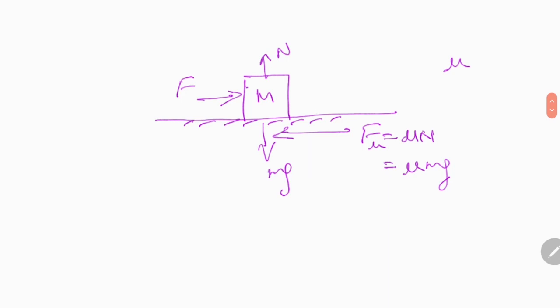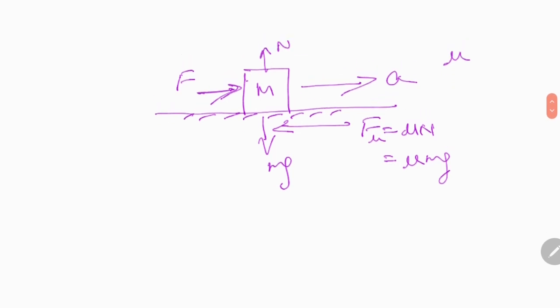And this body will definitely move forward with an acceleration of a because of the force we are applying here. So now let us isolate this body and draw the free body diagram. Okay, so this is the body m acted upon by F. This moves forward with an acceleration of a, and what is the force that is resisting it?